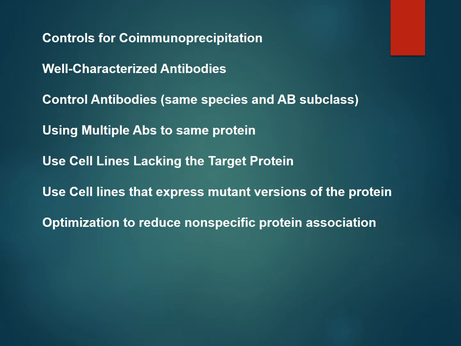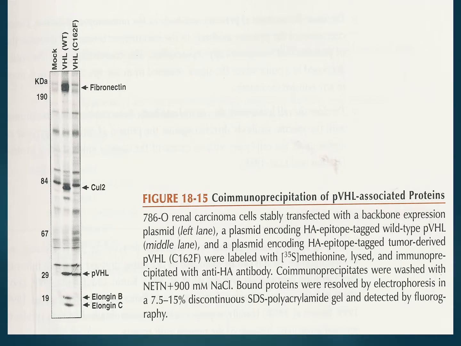Or cell lines that have a mutant version that your antibody doesn't recognize. And then you change salt, temperature, other kinds of buffering conditions to make sure there are no non-specific proteins when you're co-immunoprecipitating. You don't want any non-specific proteins to interact there. So those are known controls in the co-immunoprecipitation.